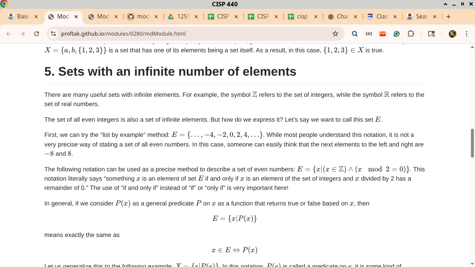That is the most precise way to describe the membership of E. Let me say that one more time. X is in E if and only if P of X is true. It is the if and only if, or equivalence, which is kind of like equality, but only for Boolean values. It is exactly that thing.